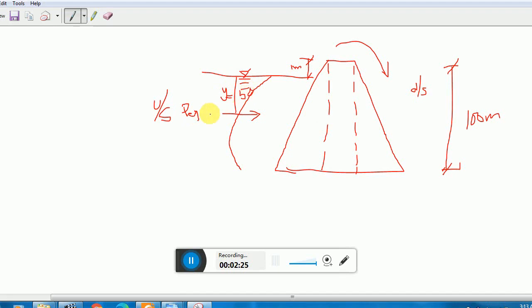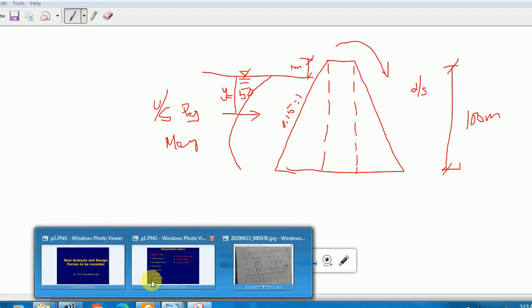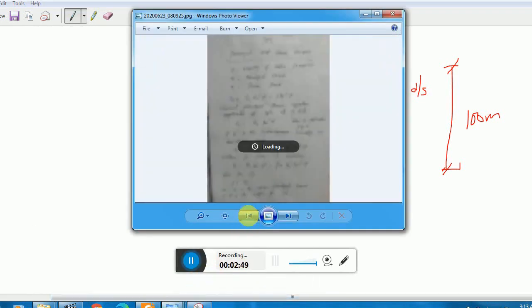And we have to find out PEY as well as MEY, the movement of this. Now the batter or the slope which is provided to the upstream side is given as 0.15 to 1. Remember.